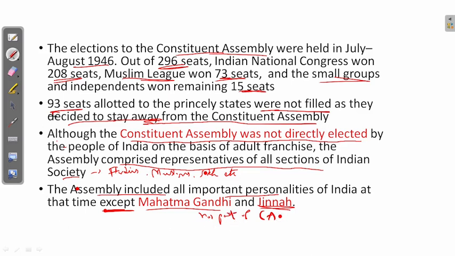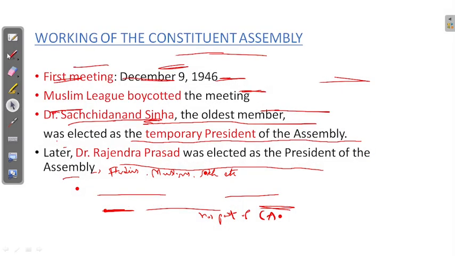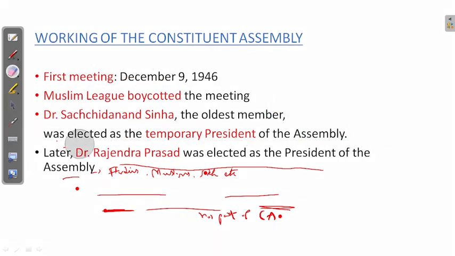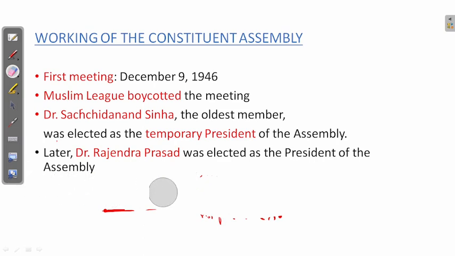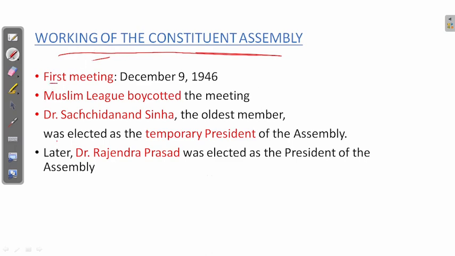Next, let us see the working of the Constituent Assembly. The first meeting was held on December 9, 1946. The Muslim League boycotted the meeting because it insisted on a separate state of Pakistan.